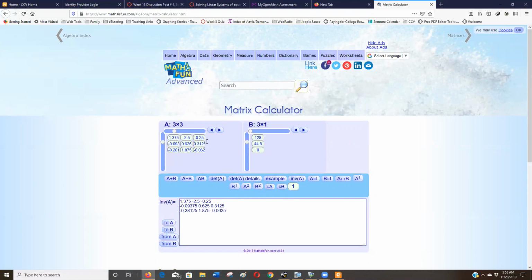So now inverse of A times B, and see that button there, A times B, and there are the same answers I got from my grapher. And it didn't cost $100. So that's how you do these, and it works pretty well.